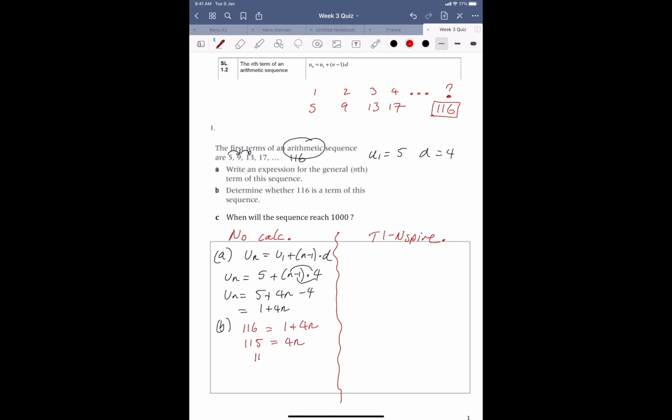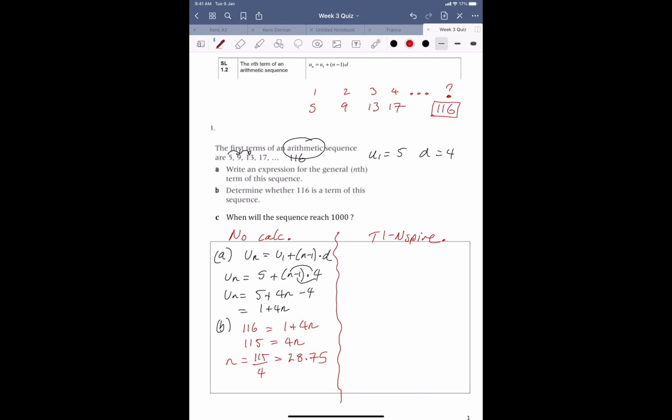So 115 divided by the 4, okay, so what's that, 25 is 100, you can get your calculator out clearly and do this, 4 4s are 16, 28.75, does that look alright? And that's equal to the n value, all right?